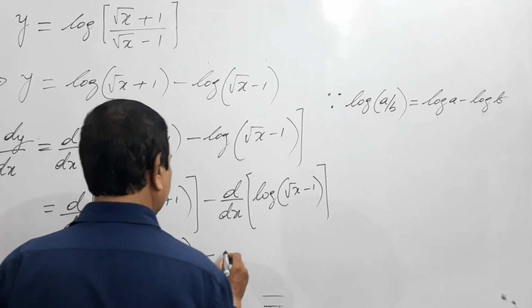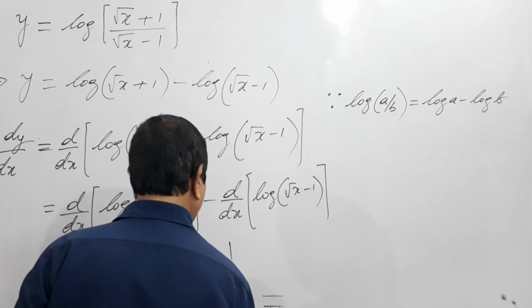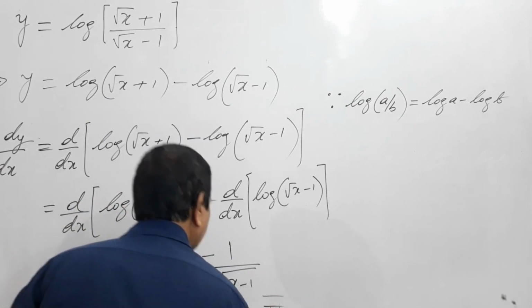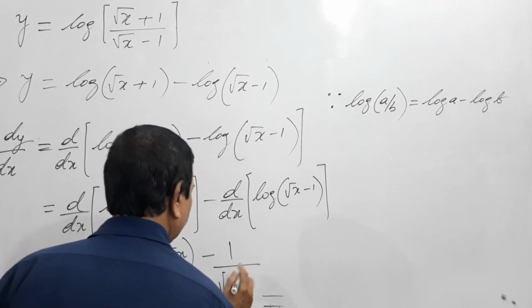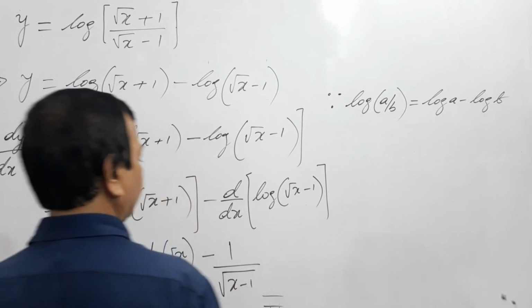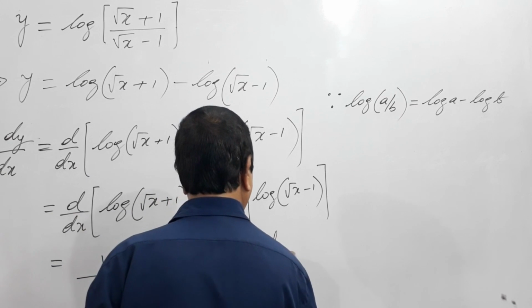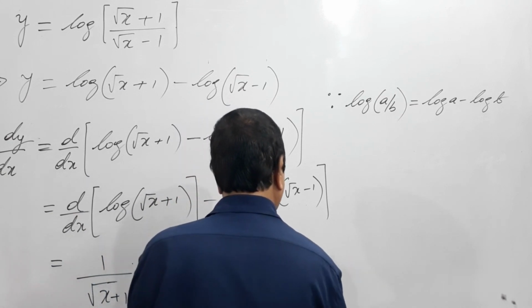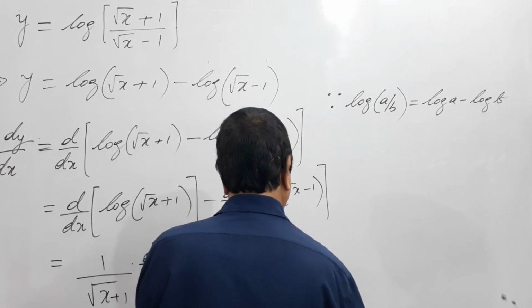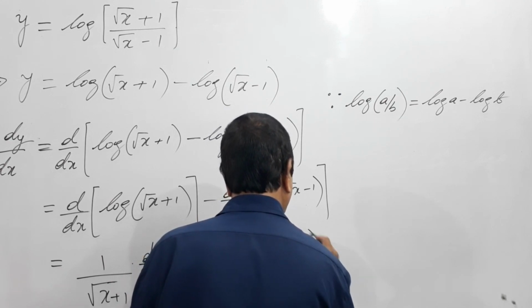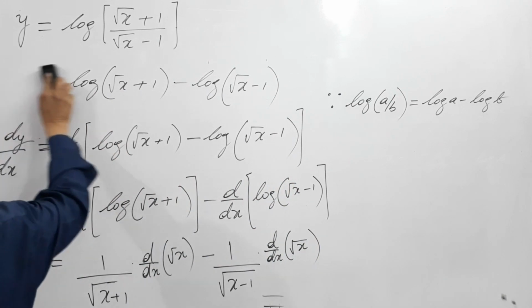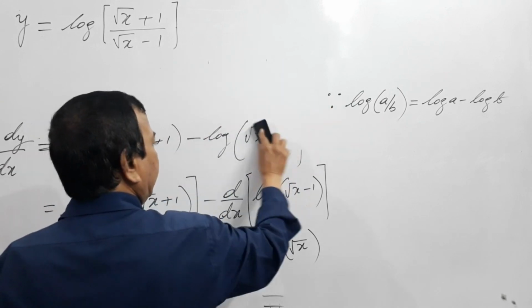So minus, again 1 by under the root x minus 1 into d by dx of root x. So please make a note of this.